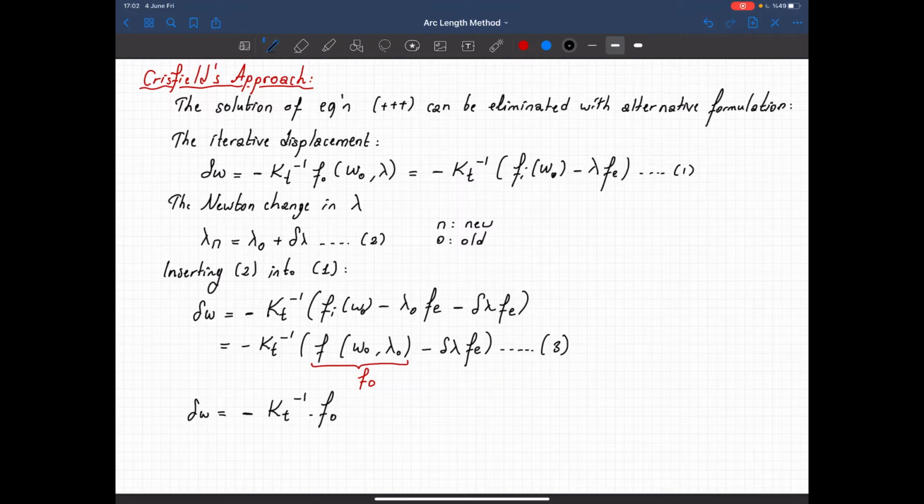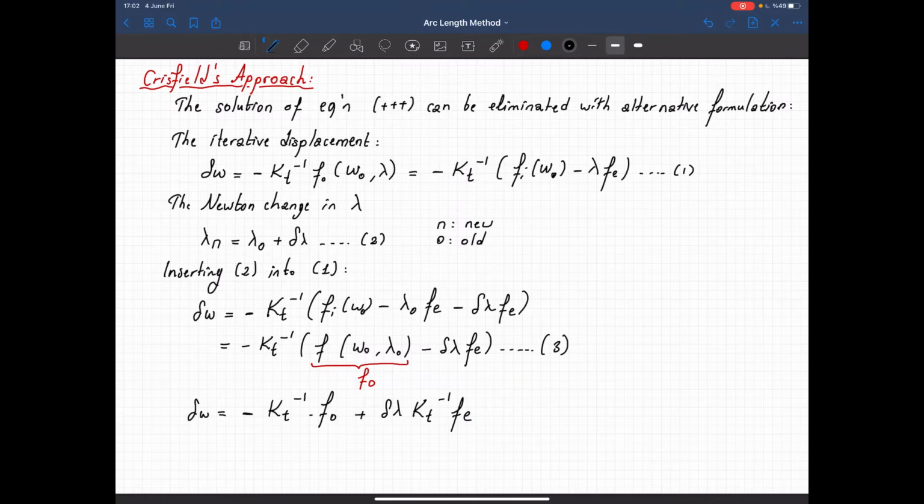plus delta lambda multiplied with Kt inverse times Fe.